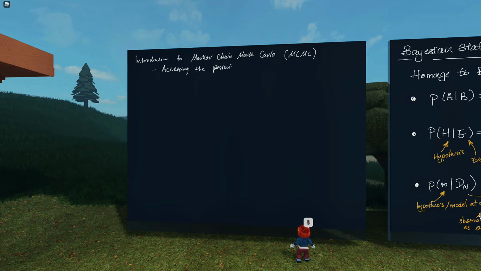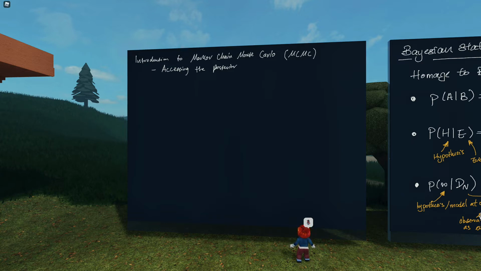So the general idea is that in Bayesian statistics, the posterior is the main object of interest. It carries the information that we are interested in about parameters that are used to model the data that we are trying to model.